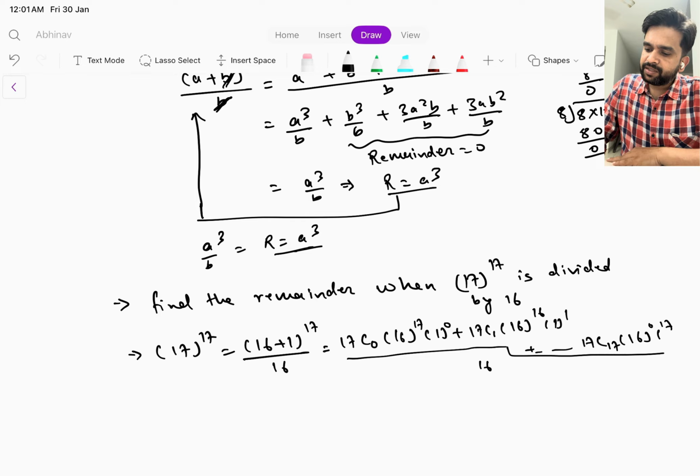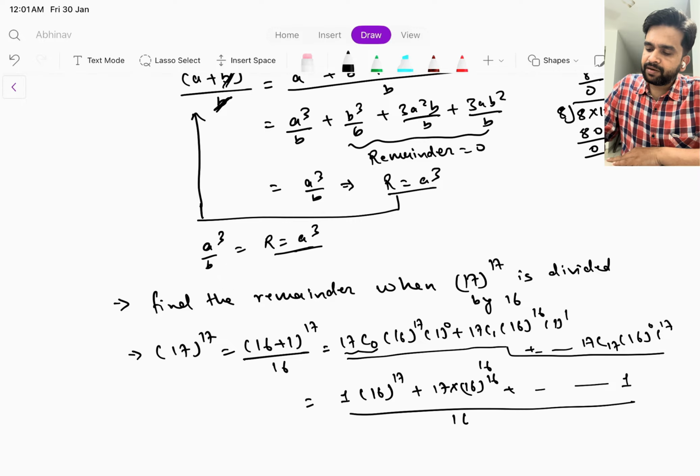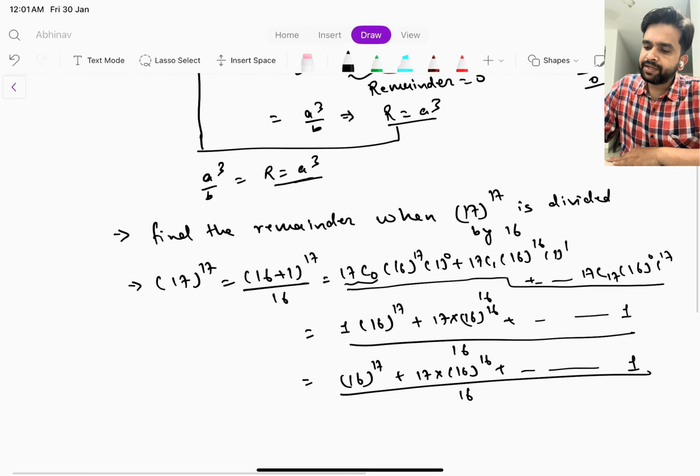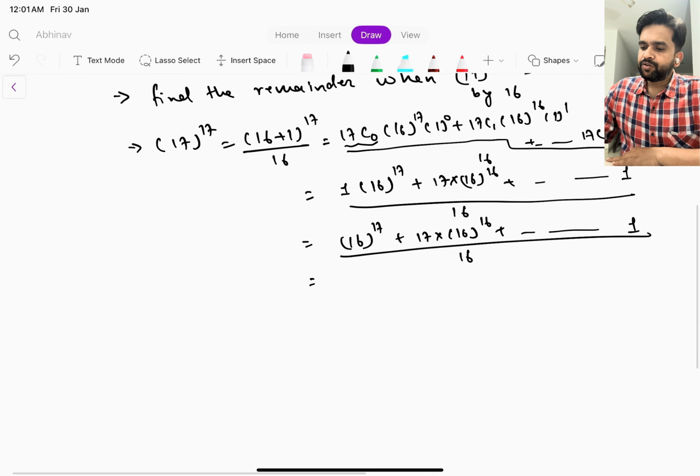So 17C0 is 1 and this is 16 raised to power 17. Similarly, in the next step I have this, and in the last step I have this. So when all of this is divided by 16 and I bifurcate this, I can see that to make the remainder 0, since the denominator is 16, what I need is a 16 in the numerator.